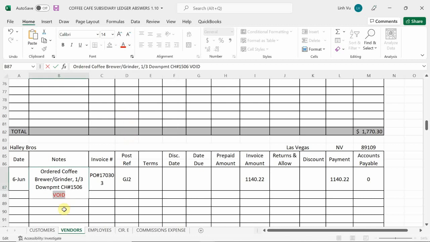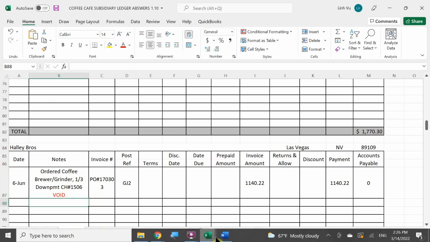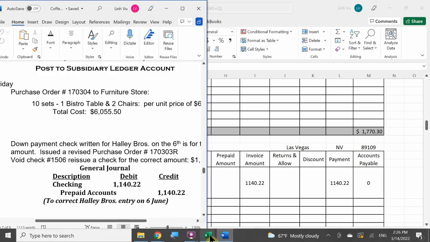I don't want to get rid of this information. I'm going to keep it there because at the end of the day, even if I void it, my transaction that I have here is still going to be zero. It's still going to be zero because I don't owe them anything. And I voided the check. So in this case, if I did do this right and said that I didn't pay them, it'd still be zero at the end of the day. So that is that right there.